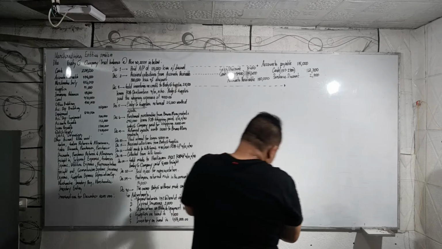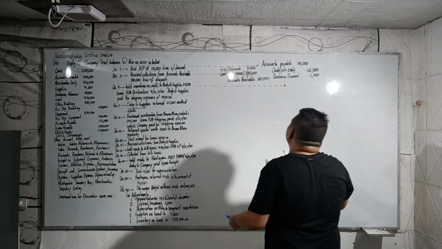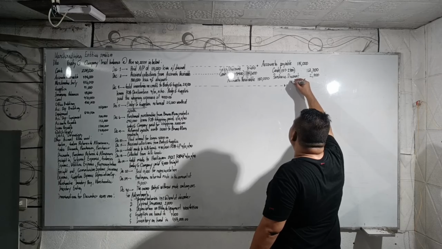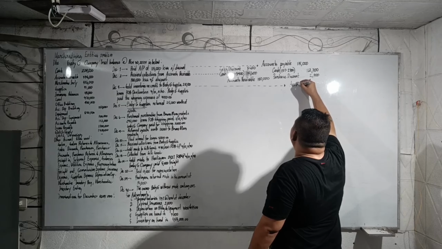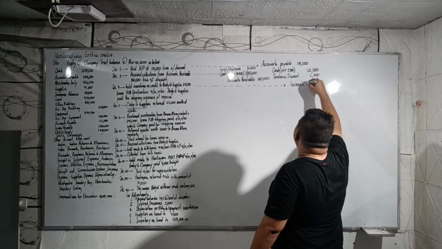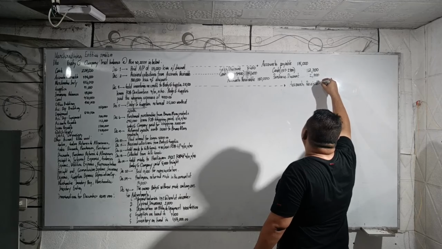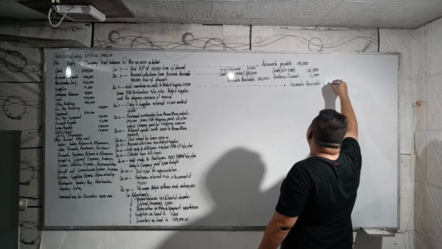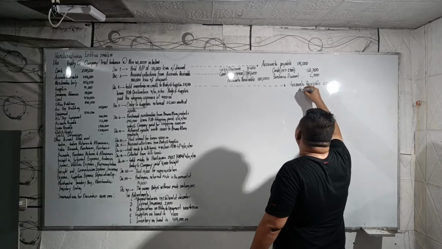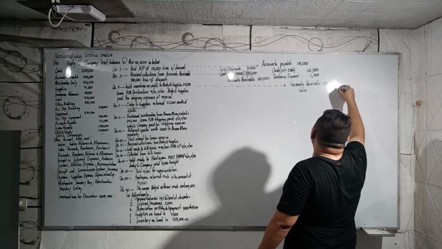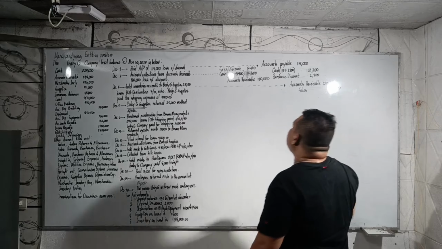The first one is the selling of the inventories for 210,000 on account. So we have to account it: debit accounts receivable, 210,000, and then credit sales, 210,000.